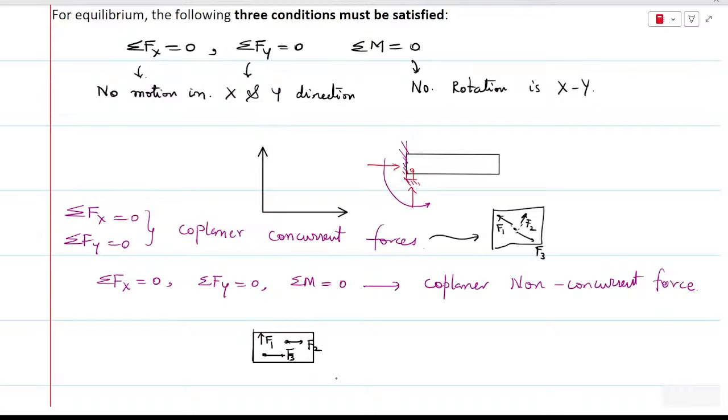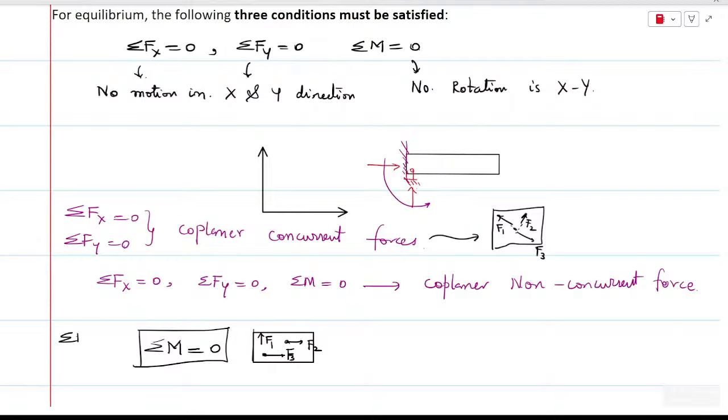They are non-concurrent forces. Non-concurrent forces will produce a couple, and the rotation due to these non-concurrent forces should not happen, and for that, the summation of moments should be equal to 0.